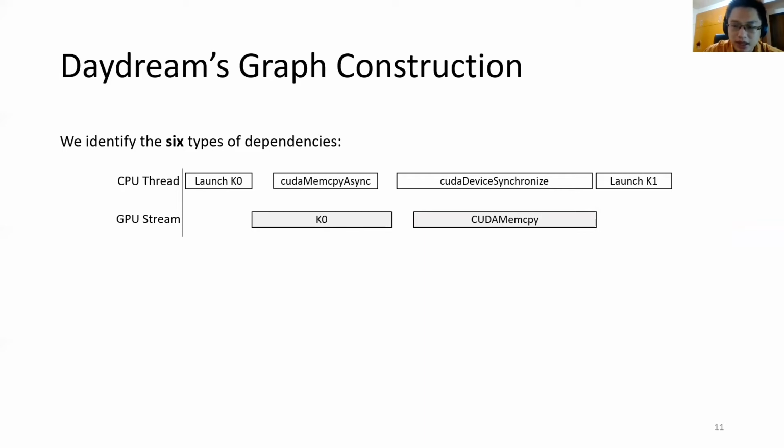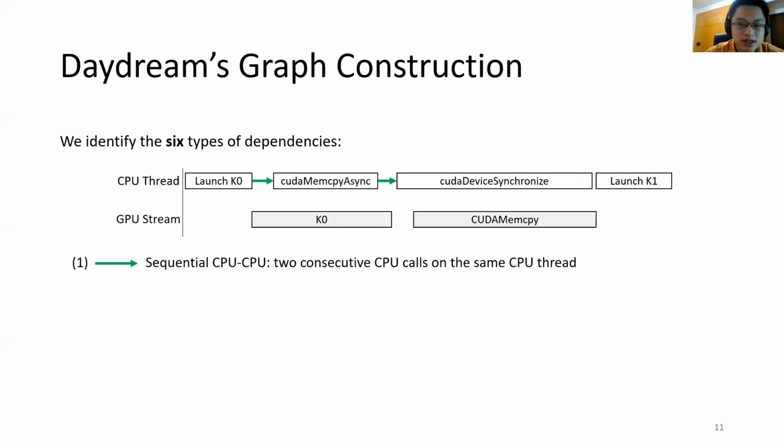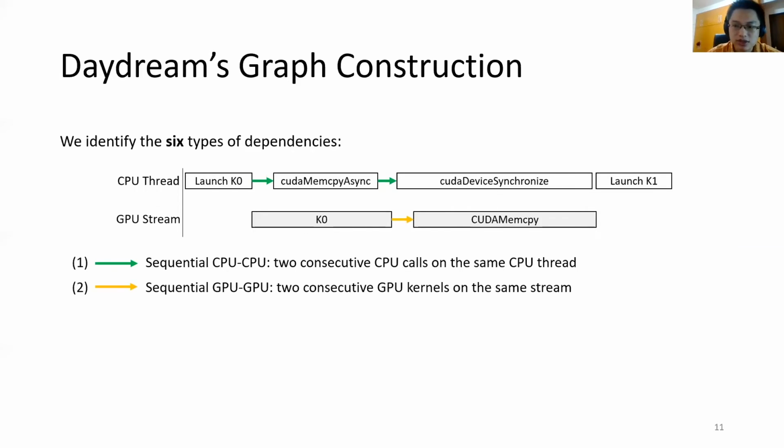accurately replay the execution. So first, 2 consecutive CUDA APIs on the same CPU thread will have a dependency between them. And second, similarly, 2 consecutive GPU kernels or CUDA memory copies on the same GPU stream will have a dependency between them.